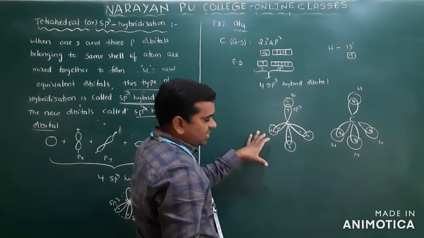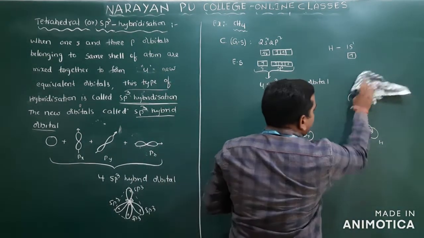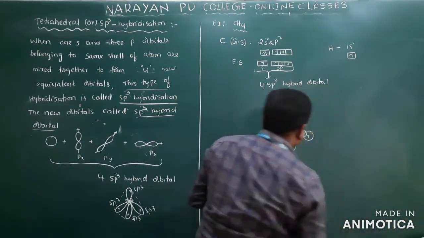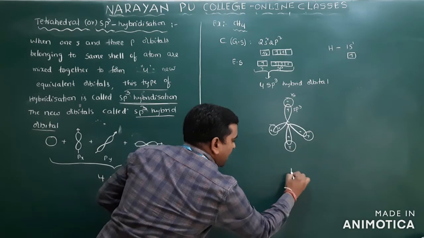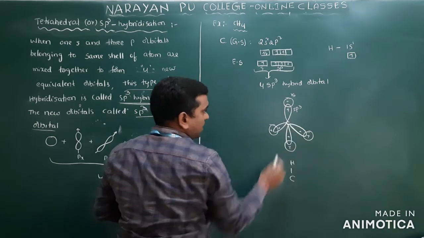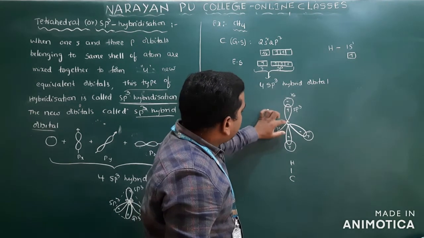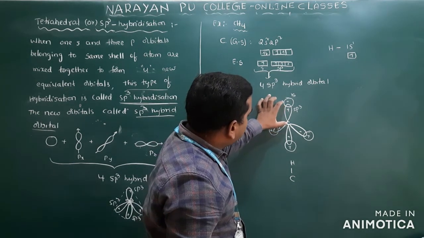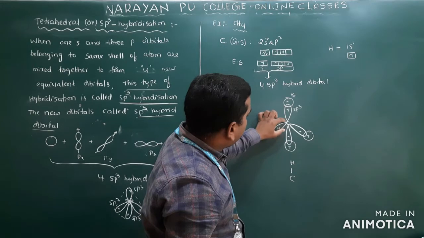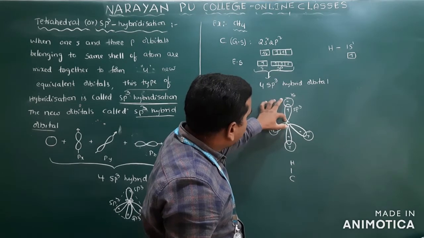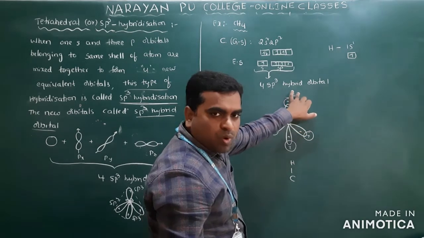So that's why we are writing in this way. Clear? So now you will get here carbon and how many bonds to hydrogen. Sometimes they will ask: which orbitals are involved to form the sigma bond between the carbon and the hydrogen? One is sp3 and another one is which one?